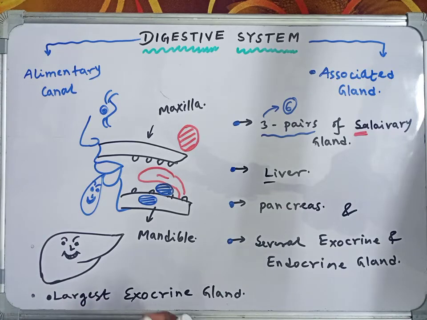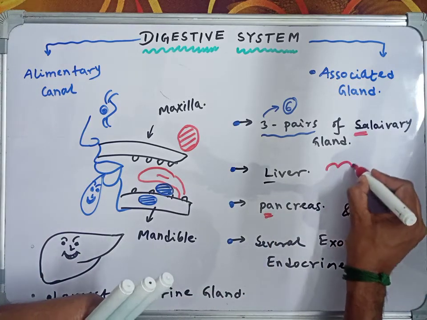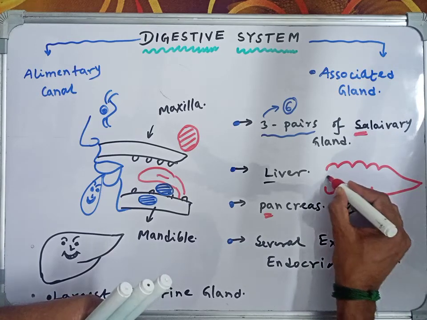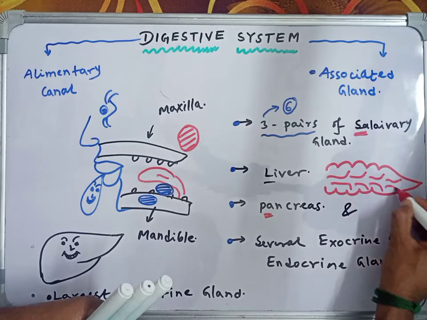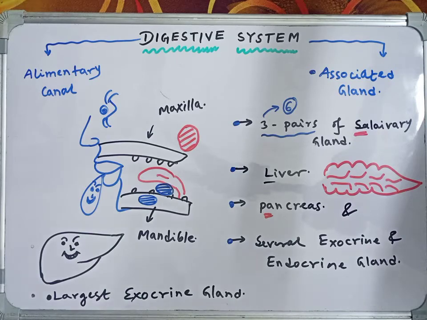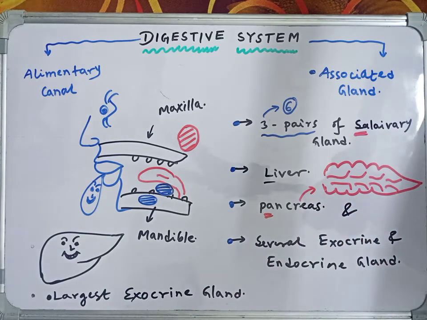And another organ, that is called pancreas, right? Pancreas is another champion and master organ of our digestive system, and it is responsible for digestion and absorption of food, that is carbohydrate, protein, lipid, as well as nucleic acid.